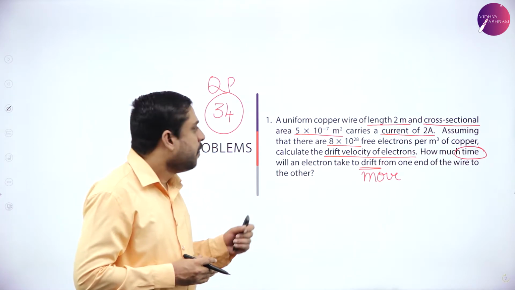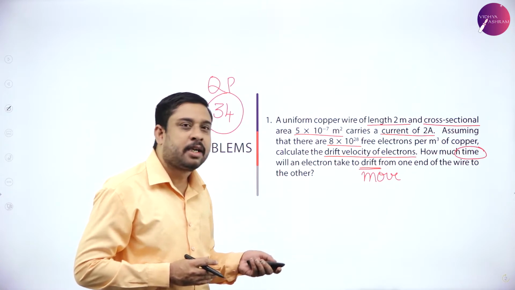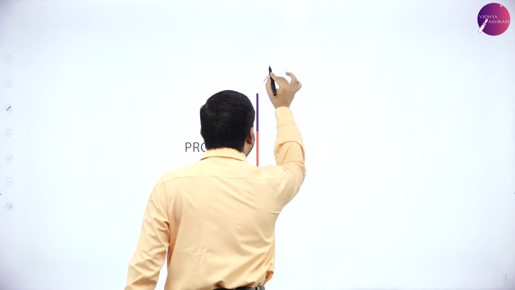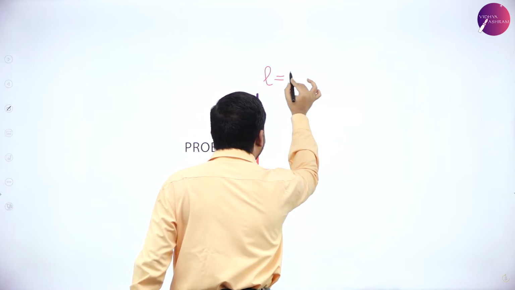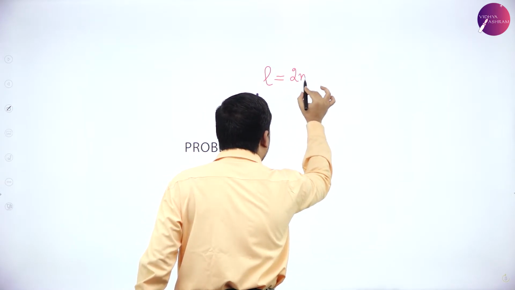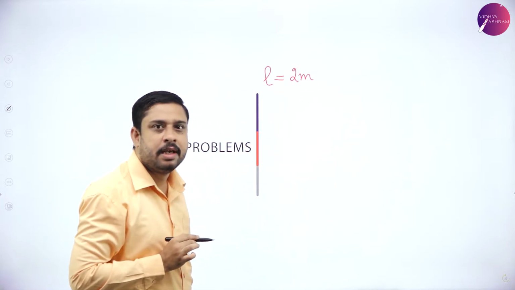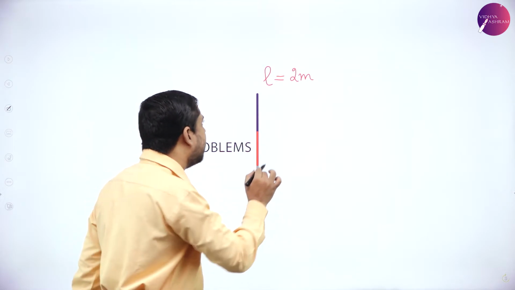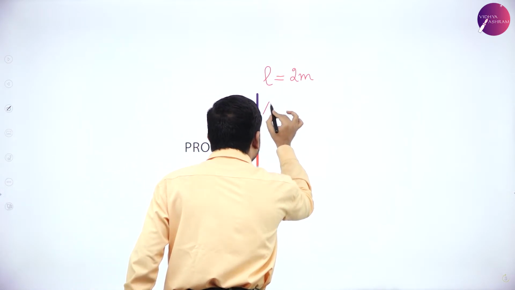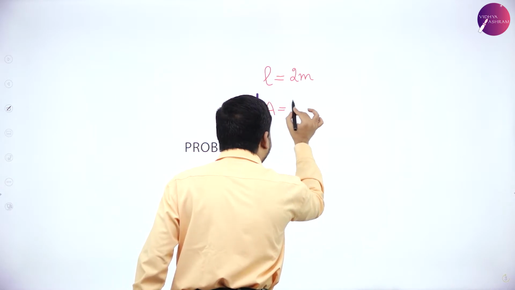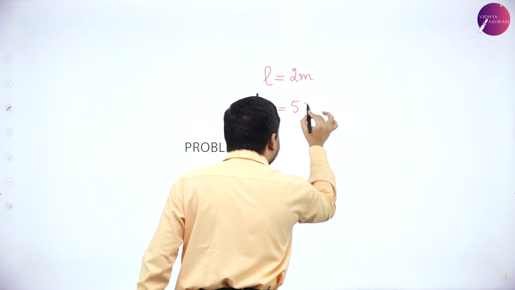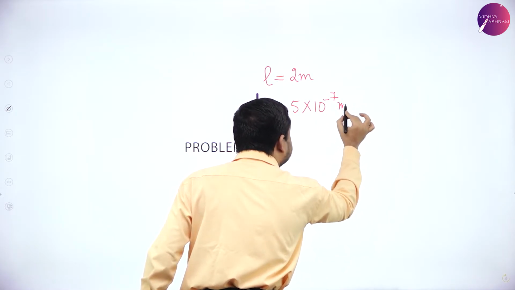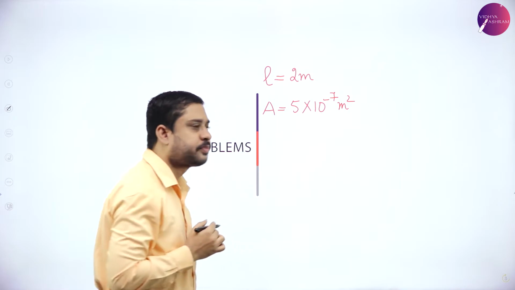Fine. We will now first make note of the data, where he says length is 2 meters, length of the wire is 2 meters, cross-sectional area 5 into 10 power minus 7 meter square.